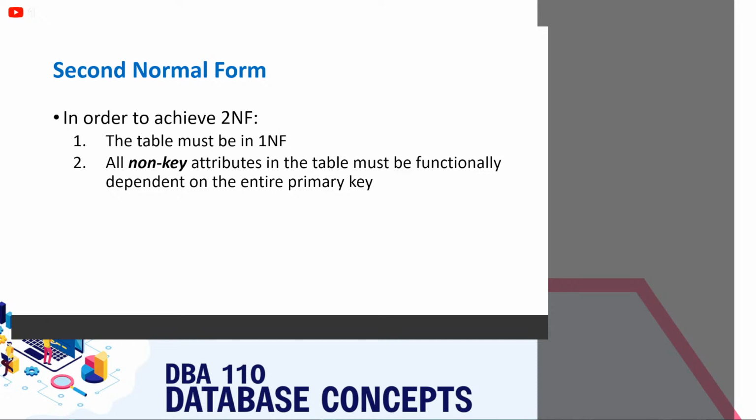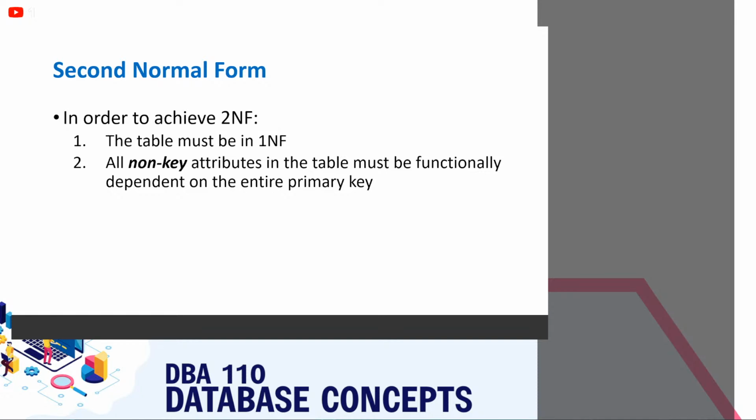And so in order to get into second normal form, the table must first be in first normal form. So again, no row order to determine information. No mixing of data types. Gotcha, primary key. No repeating groups of information type columns.